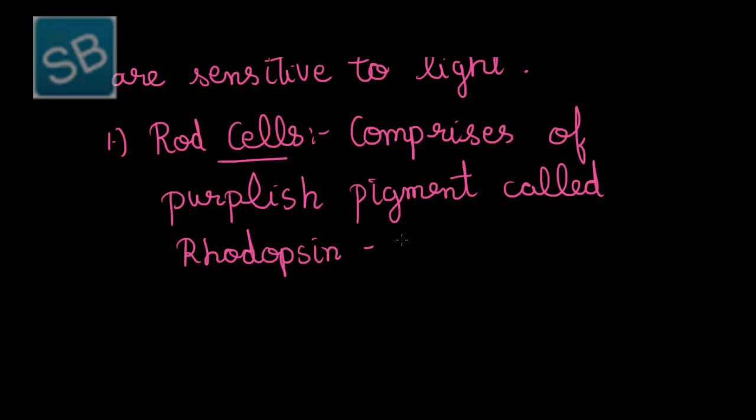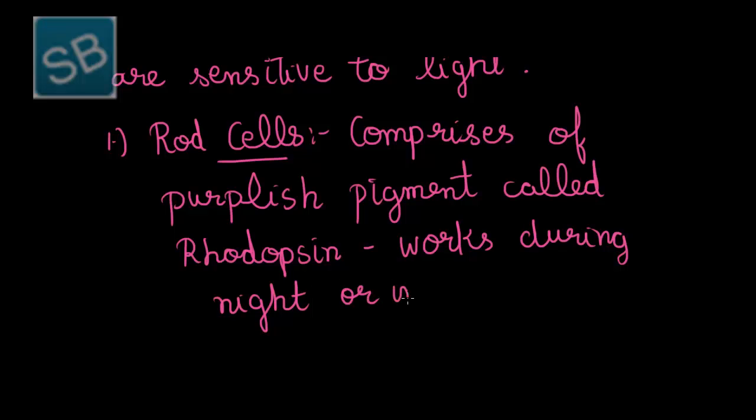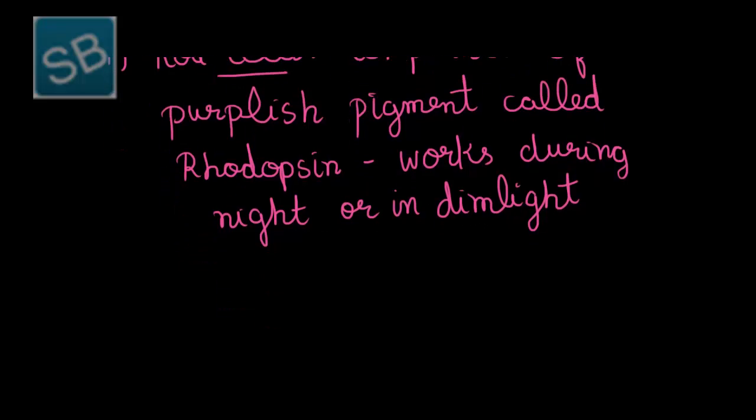This rhodopsin pigment generally works during night or in dim light. And therefore rod cells generally become functional during night or in dim light time.